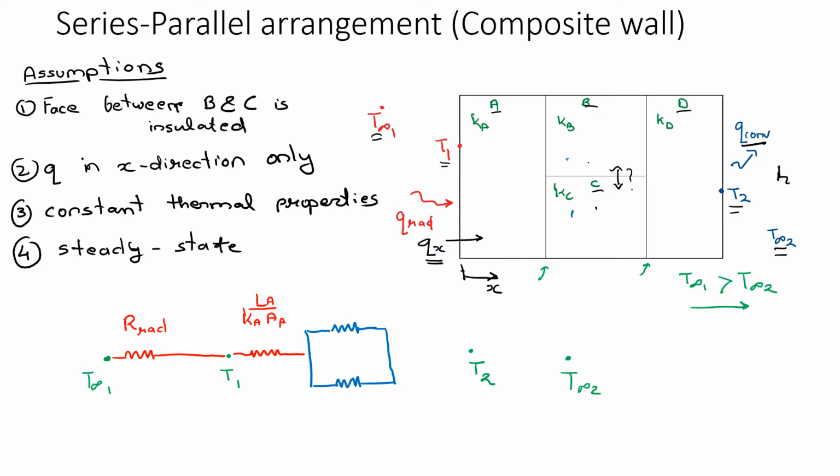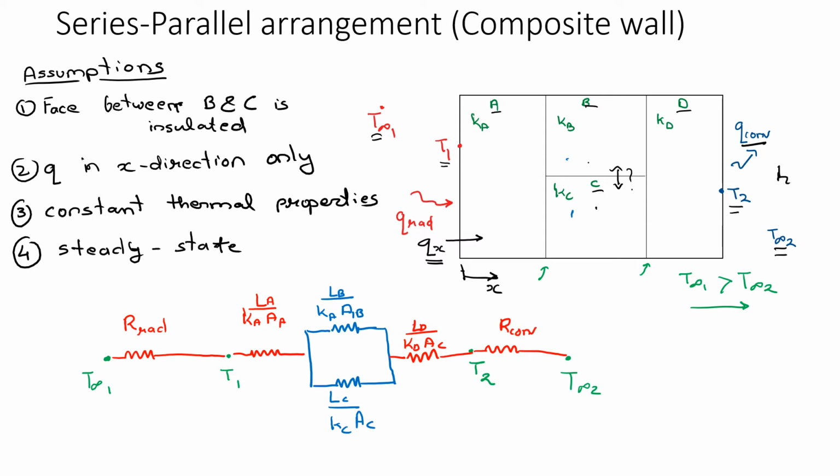The resistance due to B is again due to conduction, so it will be the length of B divided by the conductivity of B times the area of B. Similarly for C, and then we have the resistance due to block D in series with B and C. So we have this right here, and then we have the resistance due to convection.